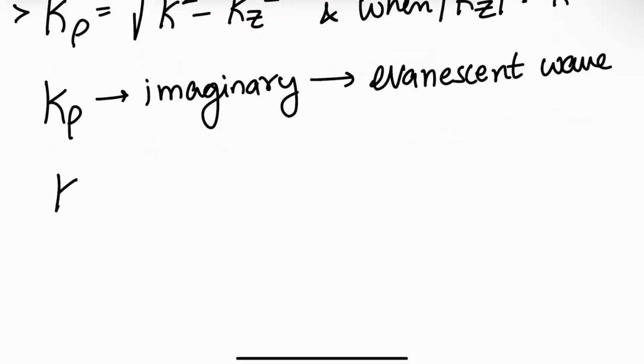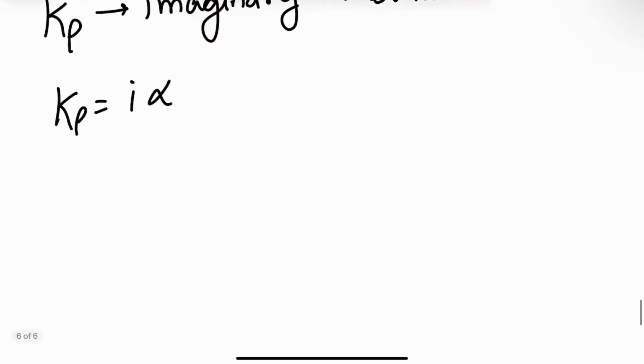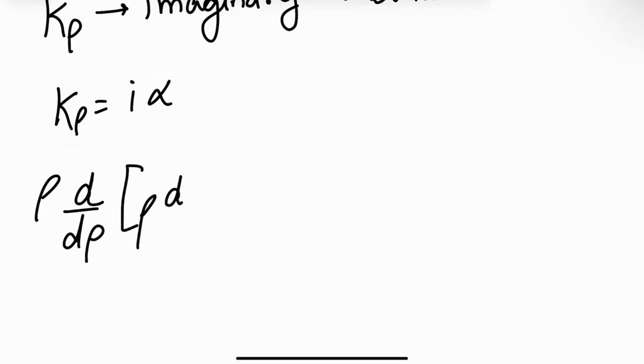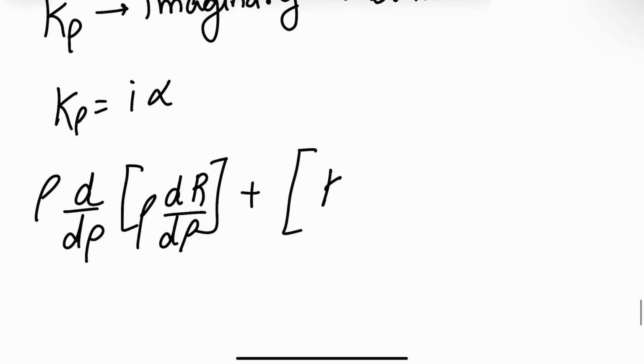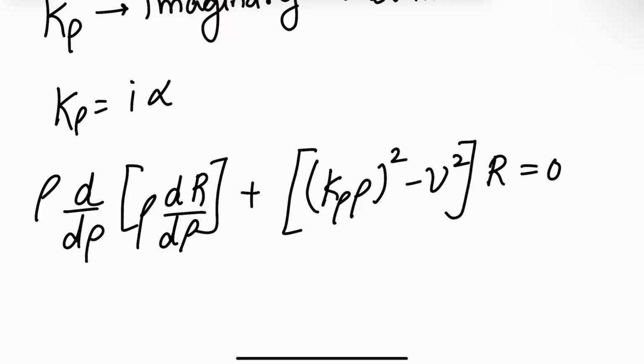Okay, so I'll assume k rho is equal to some i alpha, where alpha is real. Then if I go back to the wave equation, it was rho d d rho, at one point, it looked like this, plus k rho square minus nu square R equal to 0.